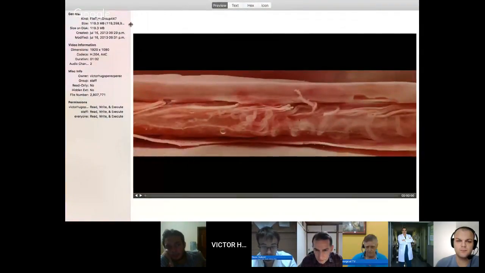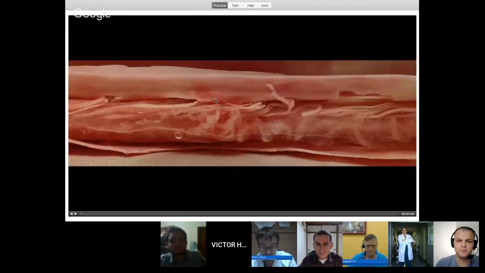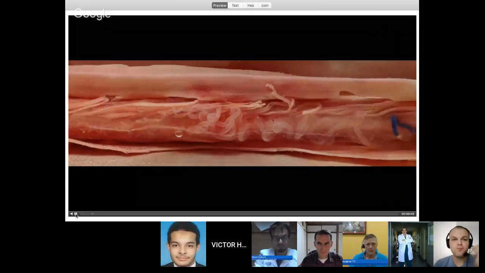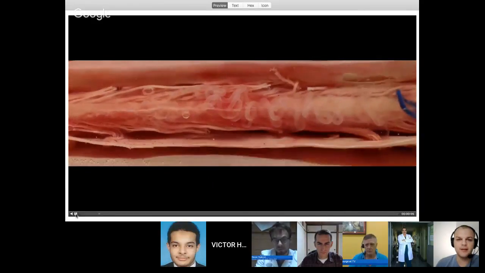It is really beautiful because you are going to see the injection of the veins of this spinal cord in the posterior surface. Do you see it? Yes, we do.